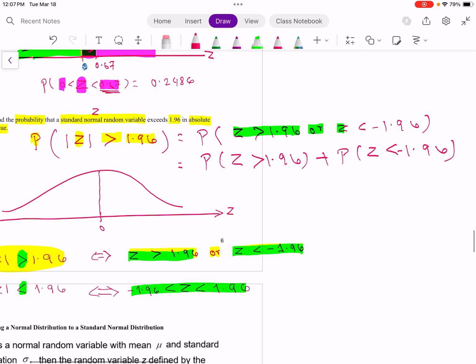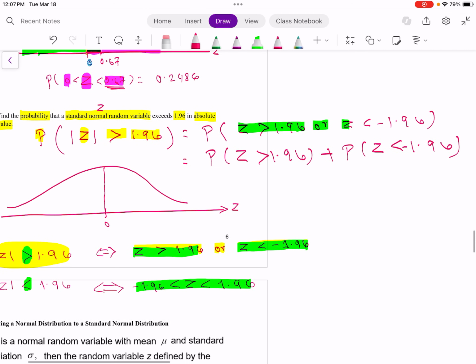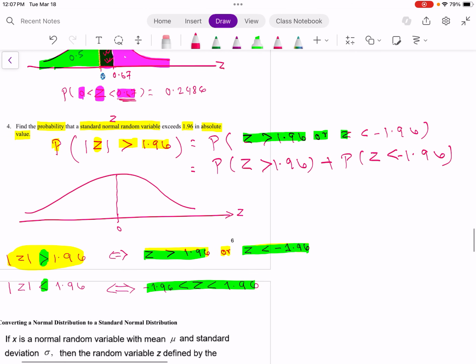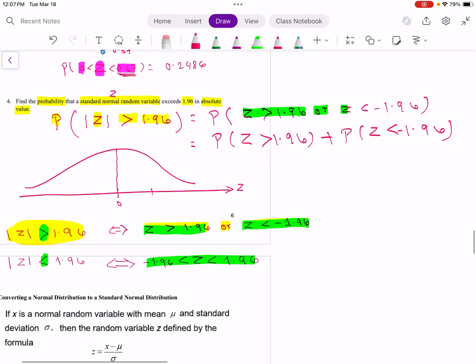Now let's draw the areas for these two probabilities. Let's say we have positive 1.96 here and negative 1.96 here. The probability of g greater than 1.96 means, what is the region? It is from positive 1.96 all the way to the right. We are interested in finding this area.